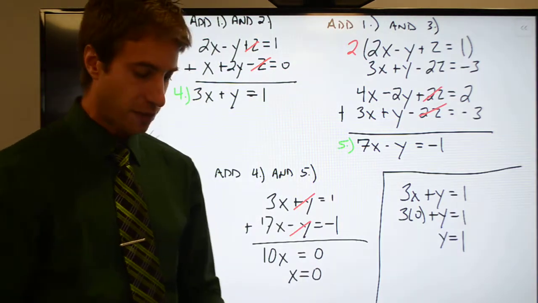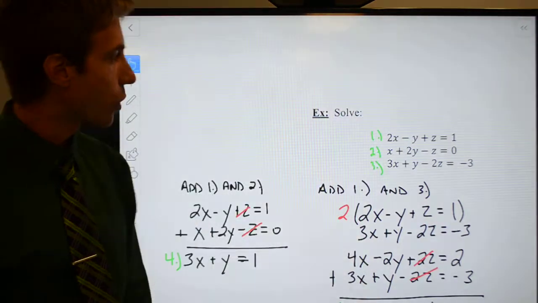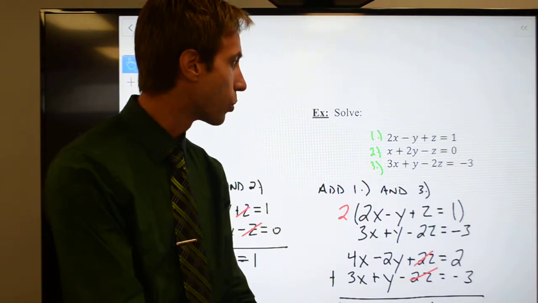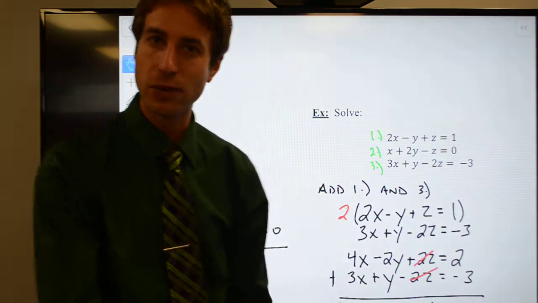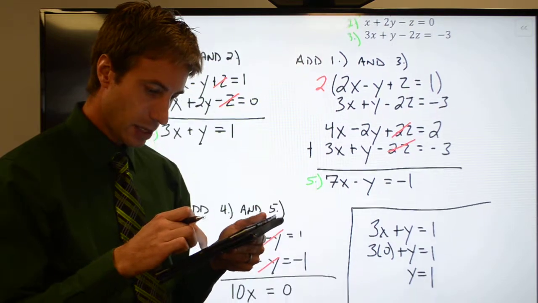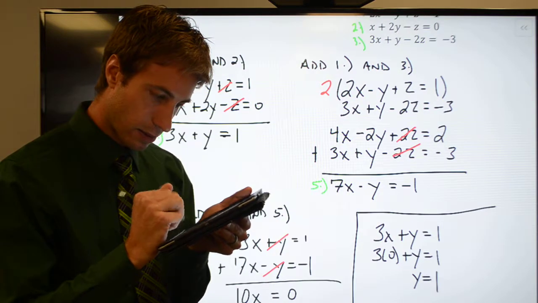Now all I need to do is find z, and again, take your pick. You got 3 equations up here. Pick the one that's probably going to be the easiest to work with. I'm going to go with that one because it's got the 0 there. So we'll go ahead and take that guy.